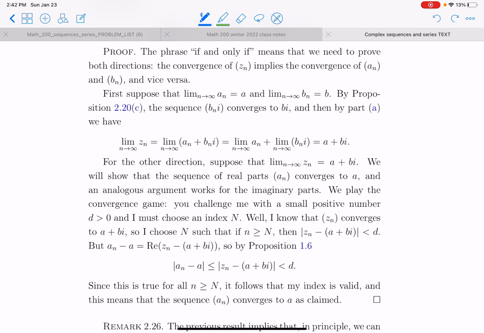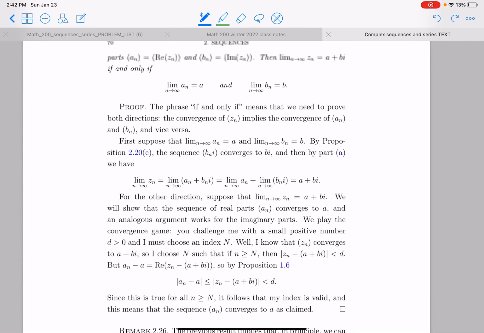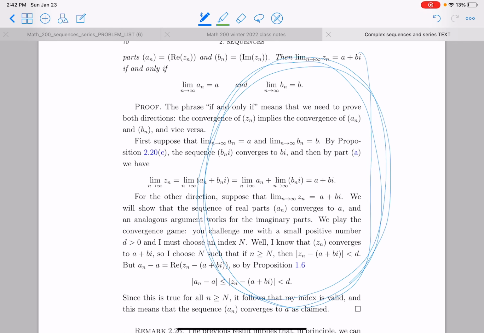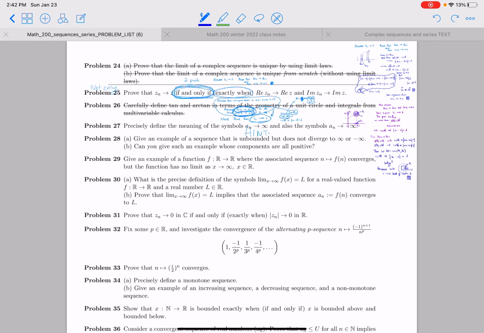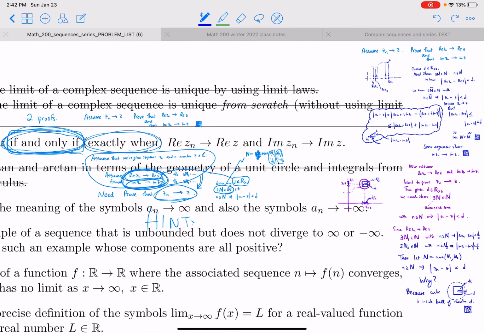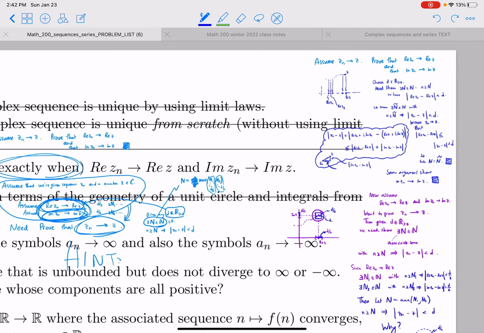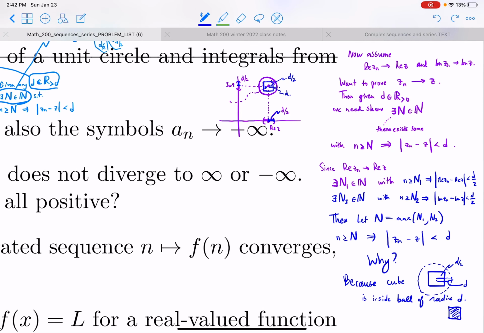And that's fine. Maybe the book's proof makes more sense to you. If so, read it a few times until you can reconstruct the logic of the book's proof. If you prefer, here is a second proof. Well, here's a proof of the first part that's different from the book. Here's a proof of the second part that's different from the book.